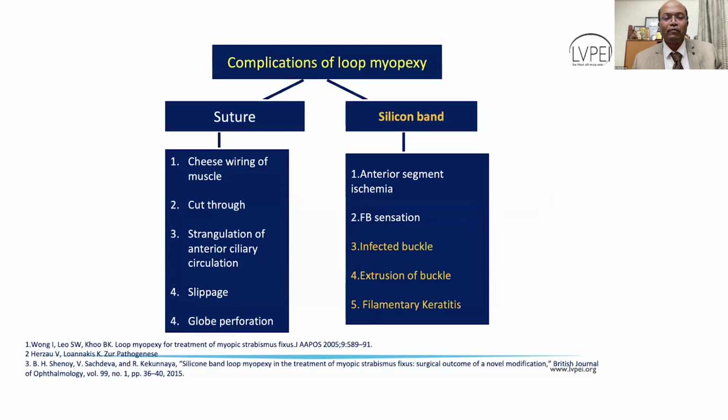With sutures, the literature reports cheese wiring of muscles, cut through, strangulation of anterior ciliary circulation, slippage or globe perforation. With the silicon band, anterior segment ischemia and foreign body sensation are the most common complications.